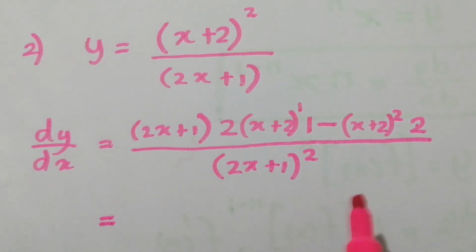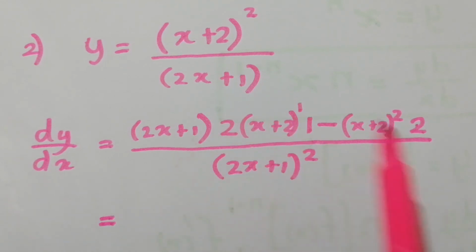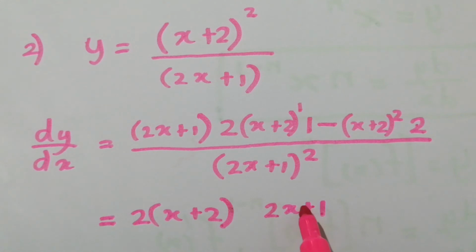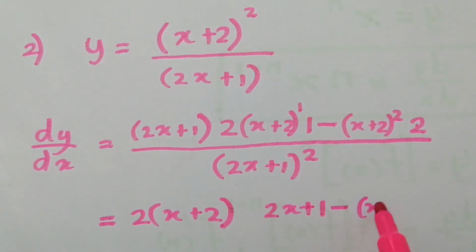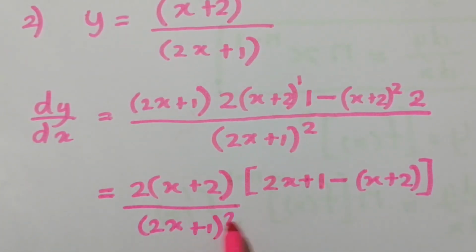Now I am going to further simplify this. Here there is a common factor 2 and (x plus 2), so I am taking out 2 times (x plus 2), then inside the brackets I have (2x plus 1) minus 1 times (x plus 2), upon this denominator, (2x plus 1) whole squared.